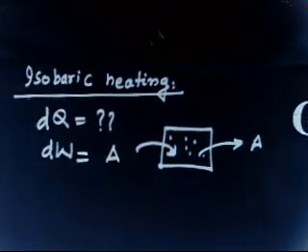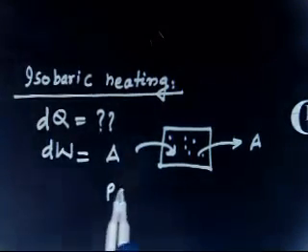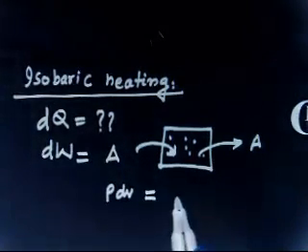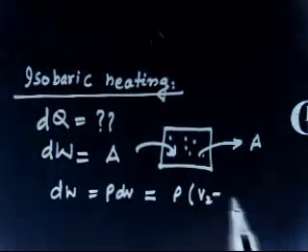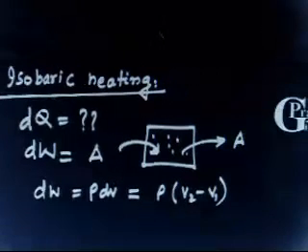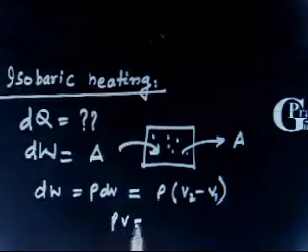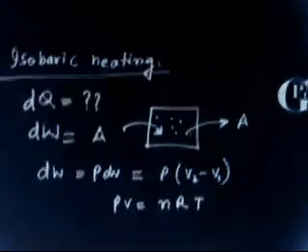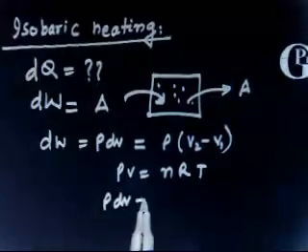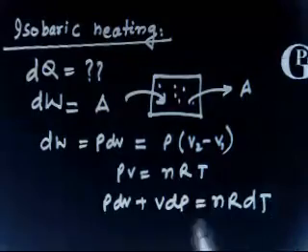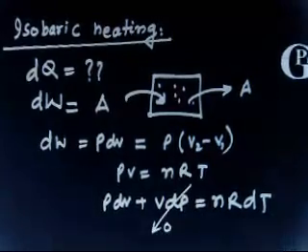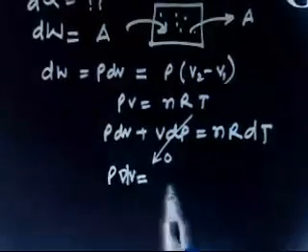So pressure remains constant, so the work done dW will be PdV, that is P(V2 minus V1). Are you getting it? And I can also write for isobaric heating, PV equals nRT. If I differentiate this equation, PdV plus VdP equals nRdT, but in isobaric heating dP is 0, so PdV equals nRdT.